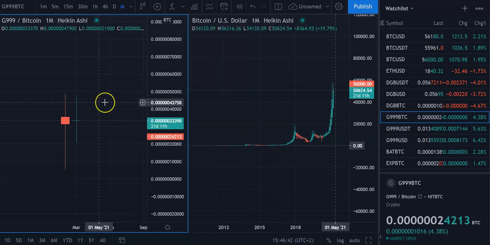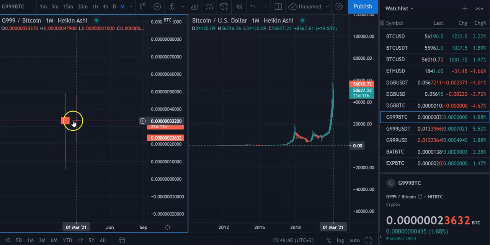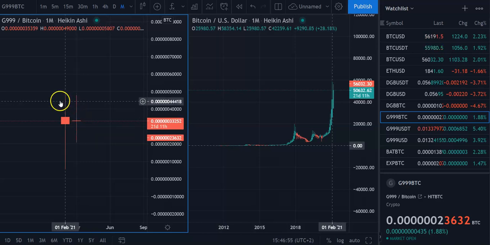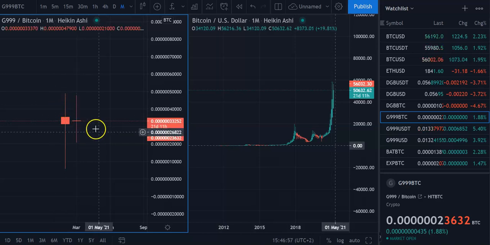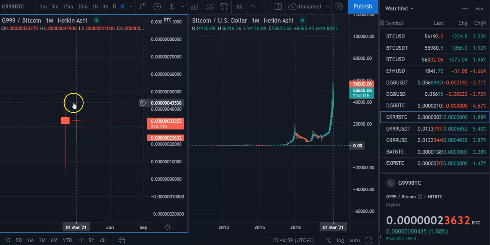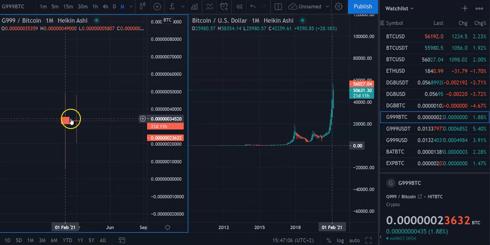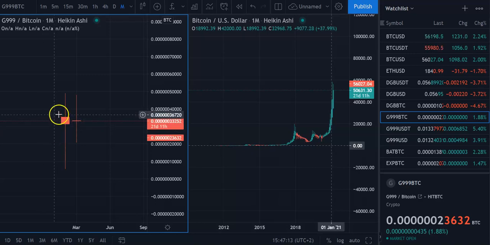G999 is on BTC, and when we look at the two charts, we can see G999, there's only two candles, and in all fairness, I understand that the coin was released on other exchanges a couple of months before it was actually launched on BTC. So, if we had the data, we would probably see maybe one or two more candles here.